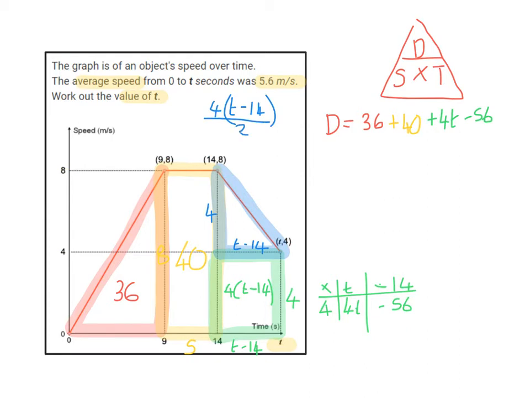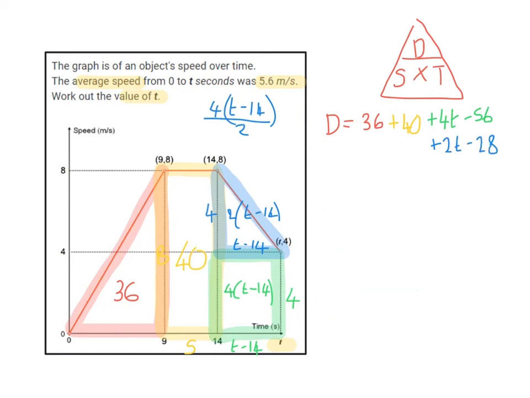So that's actually going to be 2 lots of t minus 14. And again, I can put that straight into a grid method. 2 times t minus 14. 2 times t is 2t. 2 times negative 14 is negative 28. So if I add that on as well, so plus 2t minus 28.